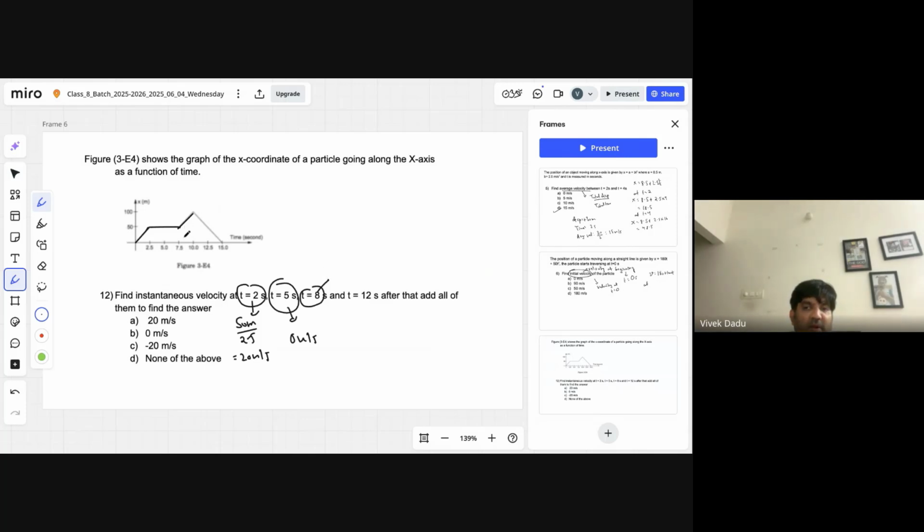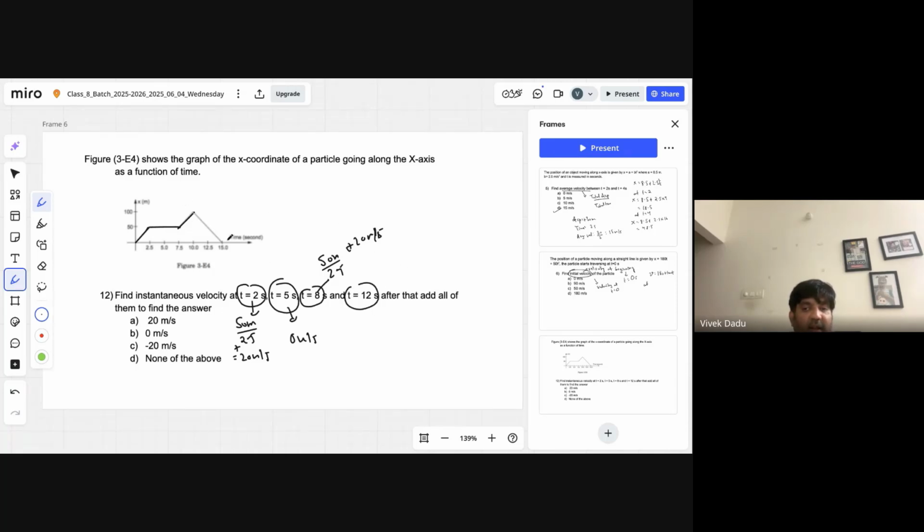See how much time and how much distance? 50 to 100. So how much? 50 meter by 2.5 seconds, 20 meter per second. Mind it, you are finding velocity, so direction is very important. This was 20 meter per second forward or backward. So positive 20.